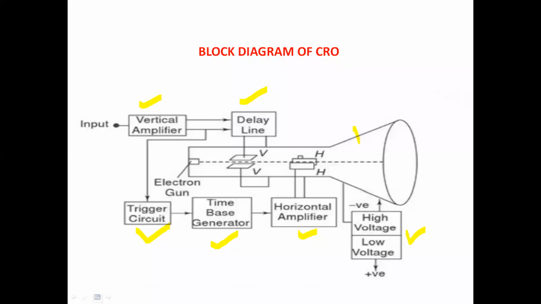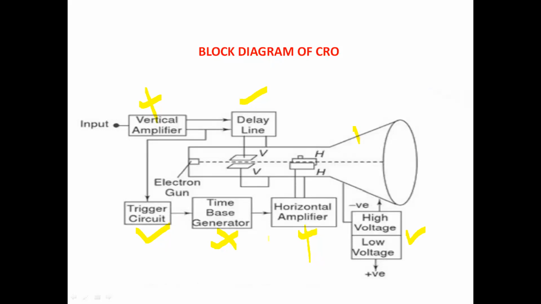In previous classes, we have discussed the CRT. In yesterday's class, we discussed the vertical amplifier and horizontal amplifier. The combination of the time-base generator and the horizontal amplifier is the horizontal deflection system.